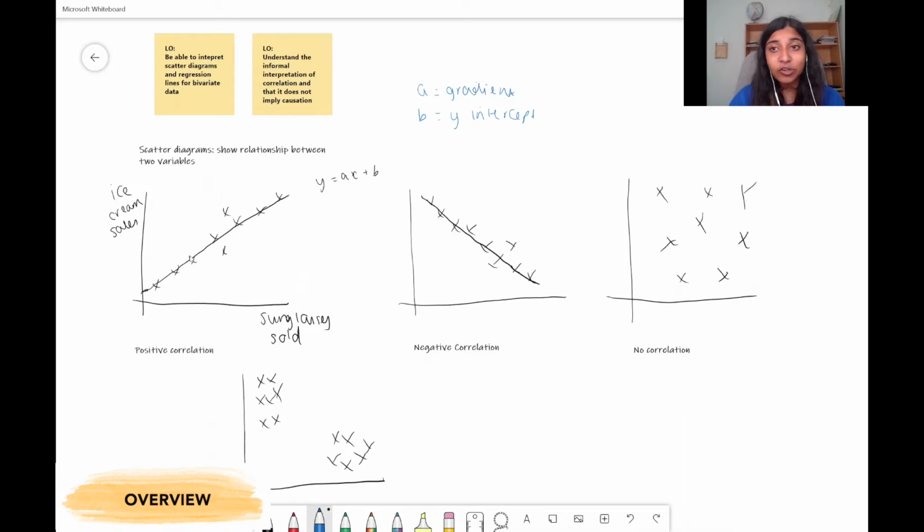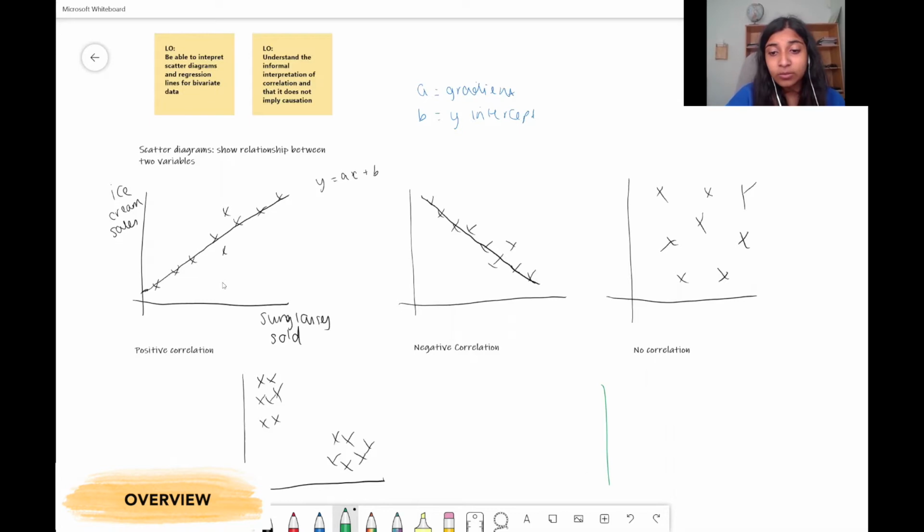And there are different strengths of correlation you can have. You can have either a weak correlation or a strong correlation. A weak correlation is normally when, if you draw your line of best fit, fewer of your crosses are on that line. If there's a strong correlation, then most points of your scatter diagram will be on your line of best fit.